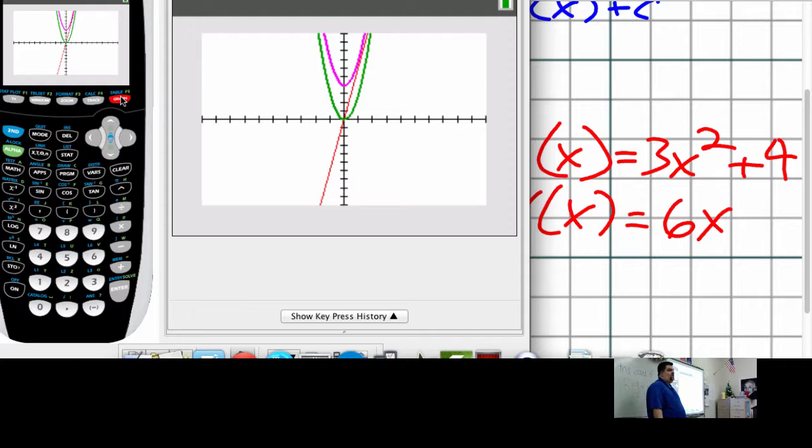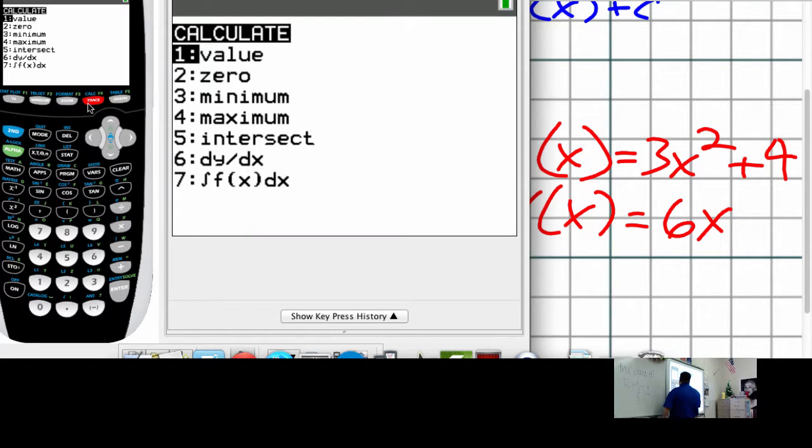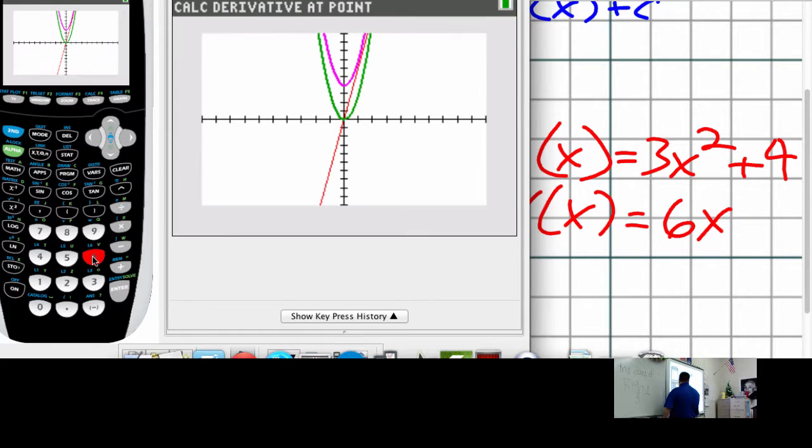But guess what? The slope is actually the same. If I hit second trace and find dy dx at a point, I'll choose the purple function. If I choose x equals 1, what will be the slope at x equals 1?